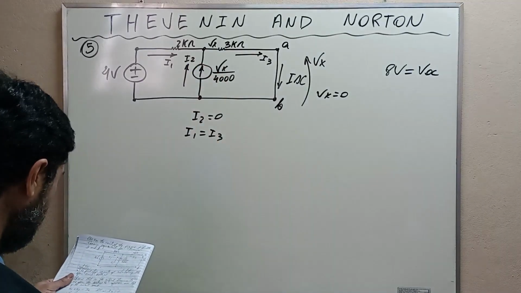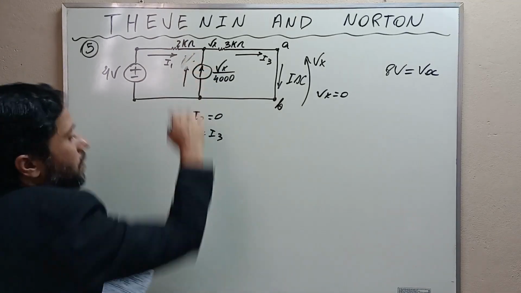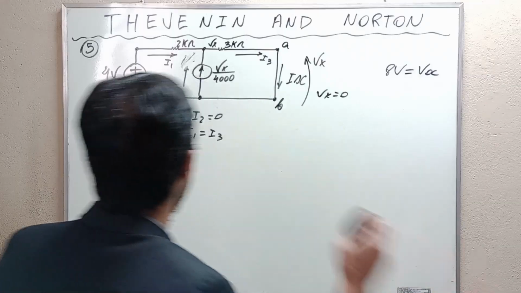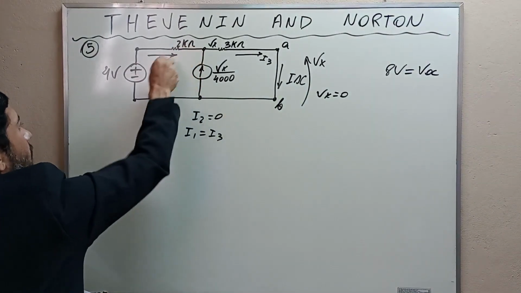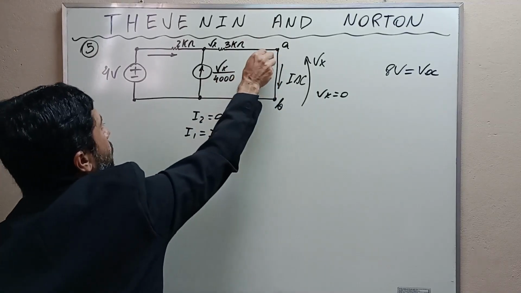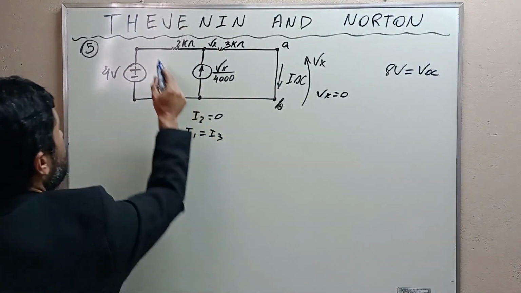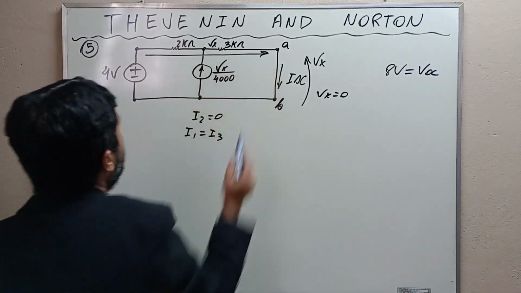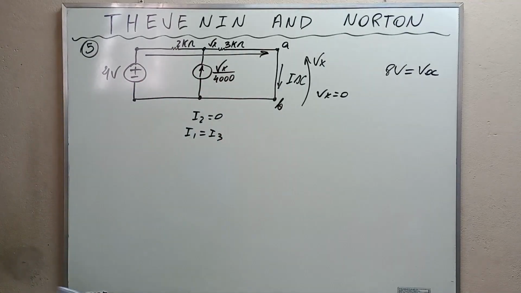Then we have only one current flowing from this source to the short circuit.